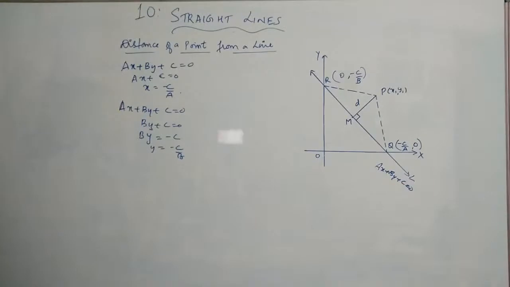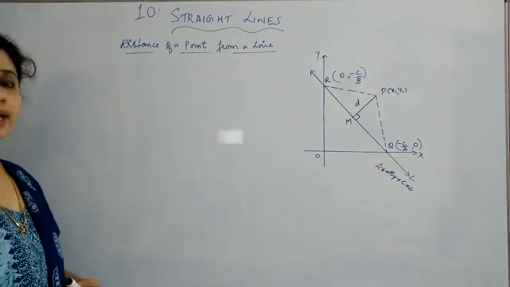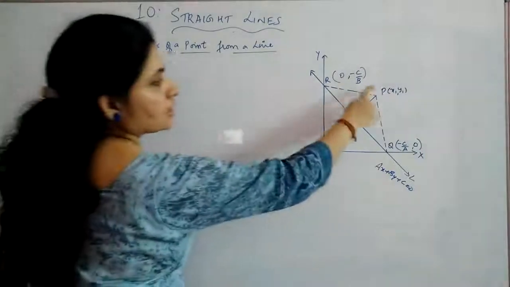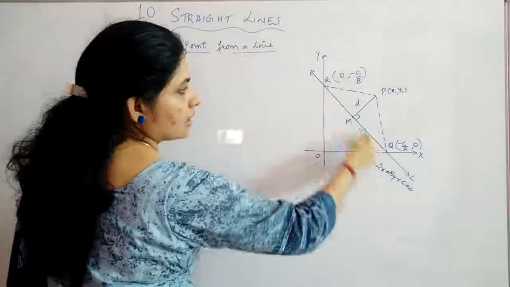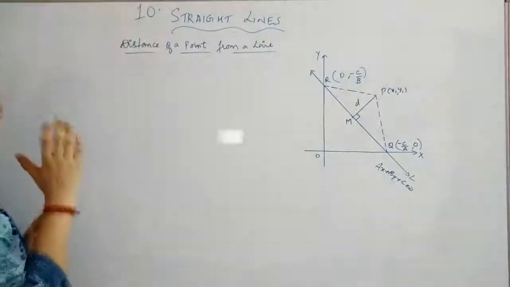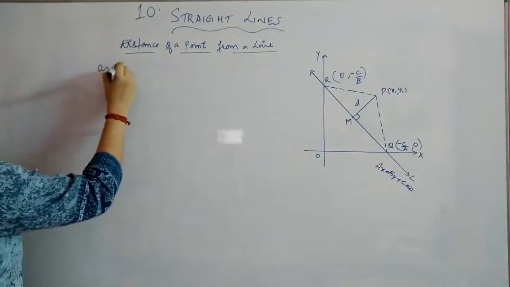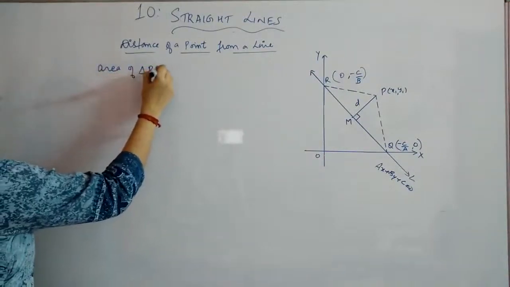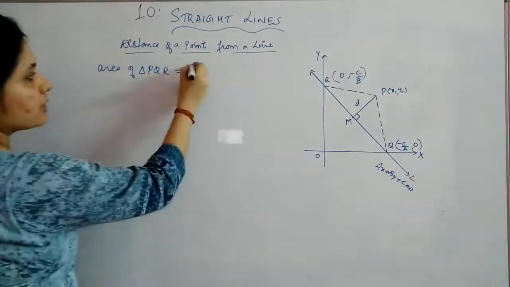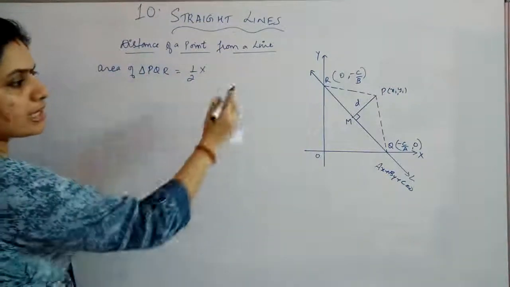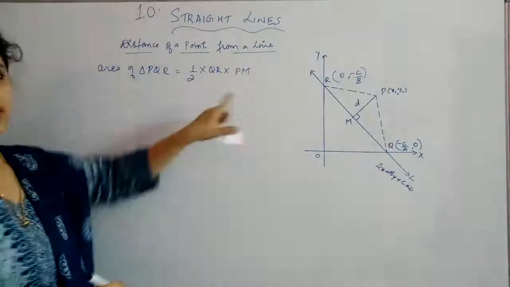Okay. Now in order to find the distance PM, first we start with the area of the triangle. You can see that we are joining PR and PQ, so a triangle is formed, and we find the area of that triangle. For the area of triangle PQR, we have the concept half into base into altitude. That means half into base QR, with altitude PM, and we have to find PM.